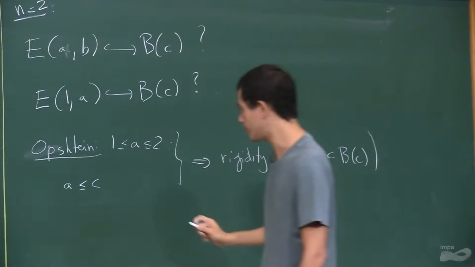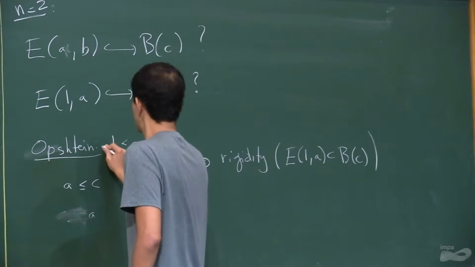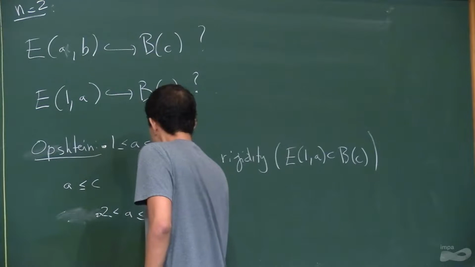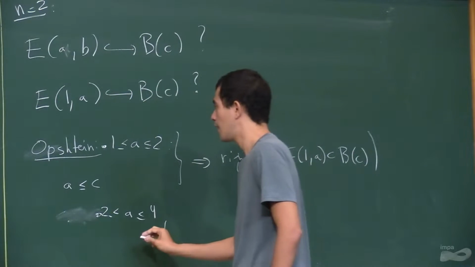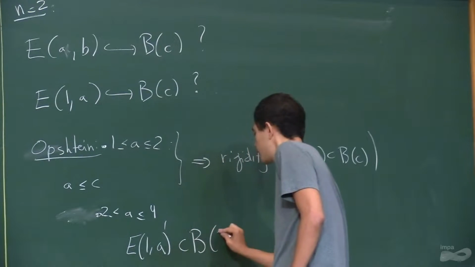And he also showed that for a between 2 and 4, E(1,a) always embeds into B(2).